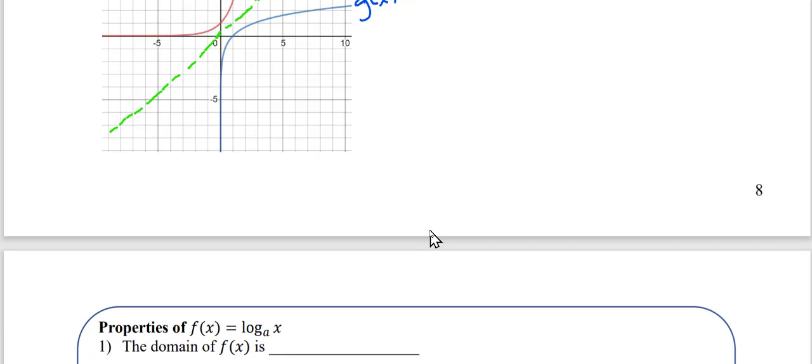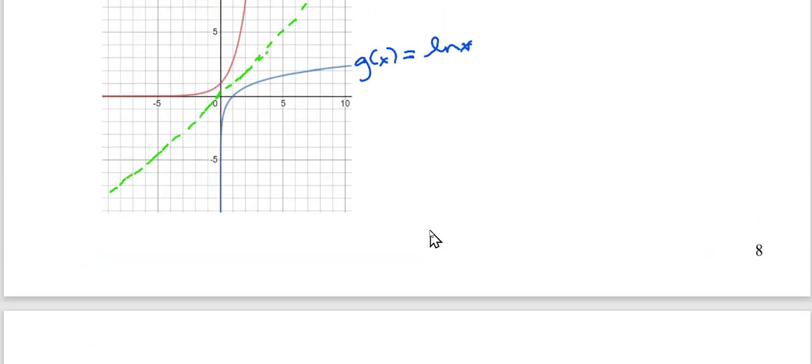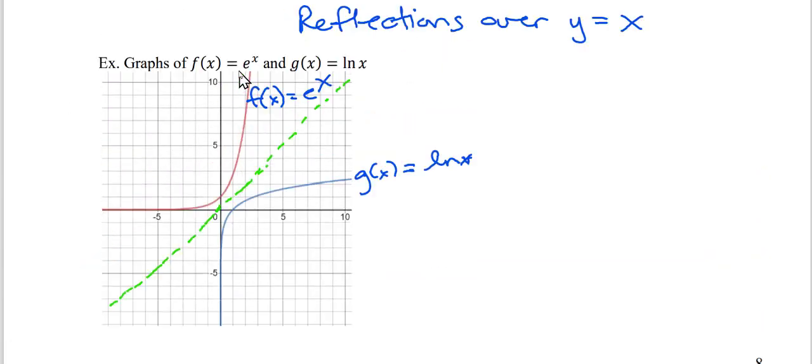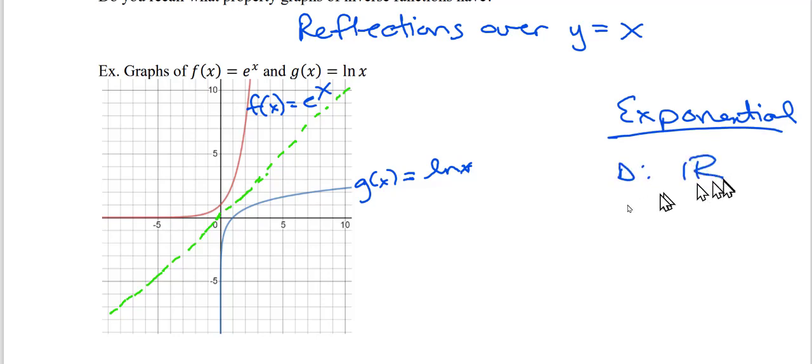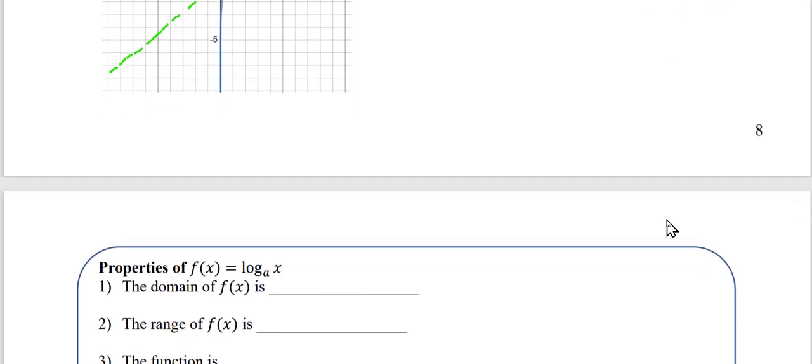If you recall, the exponential function had a domain of all real numbers. Let's just do a little refresh here. The range was 0 to infinity, not including the 0, right? So when we talk about the domain and range of a logarithmic function, the range will be the same as the domain of the exponential, because you're switching the two.